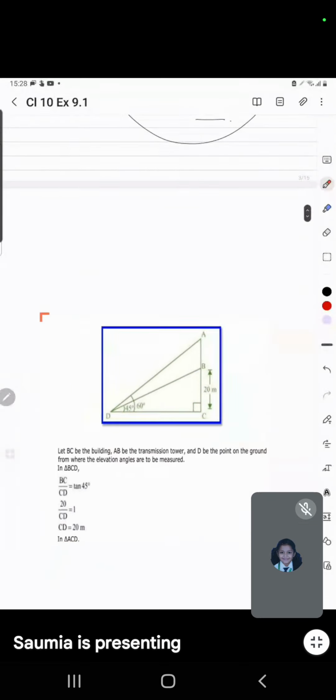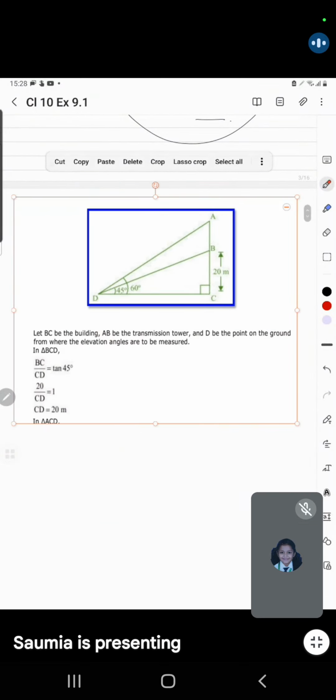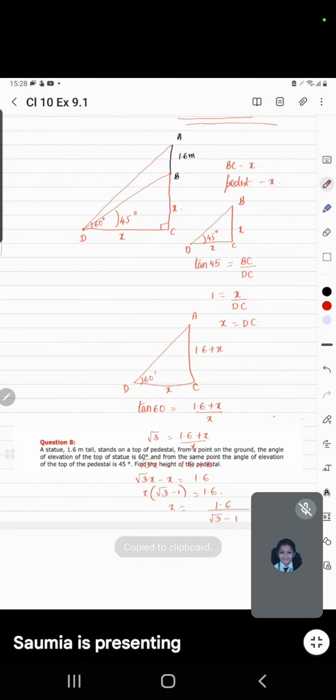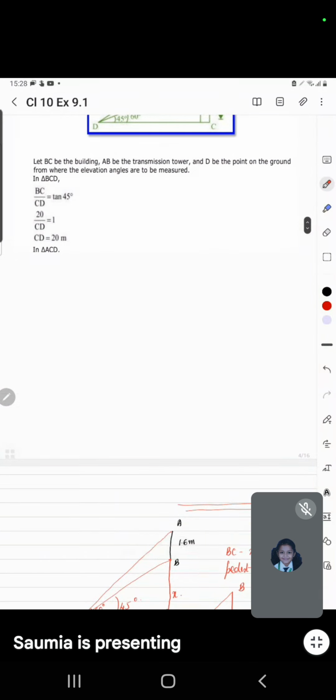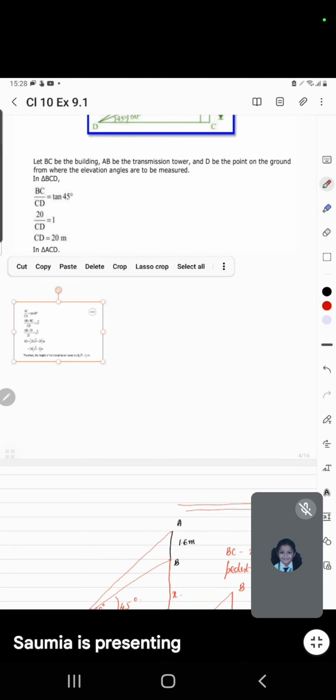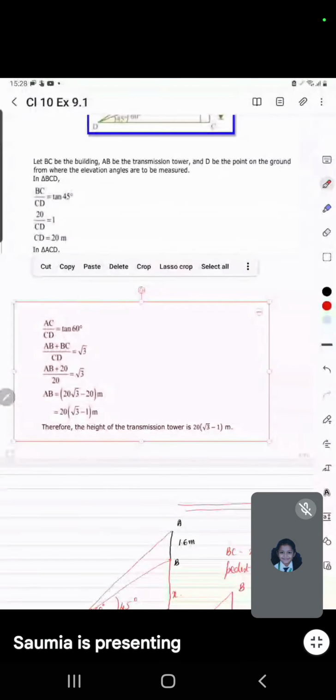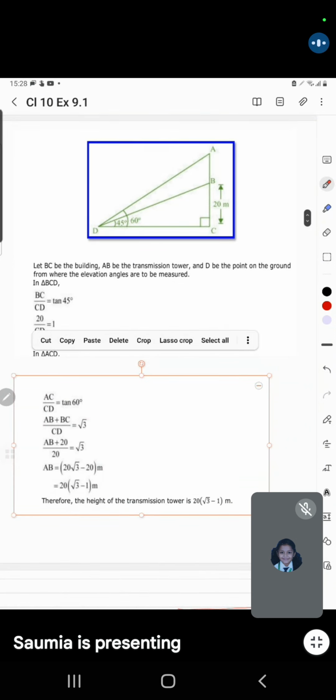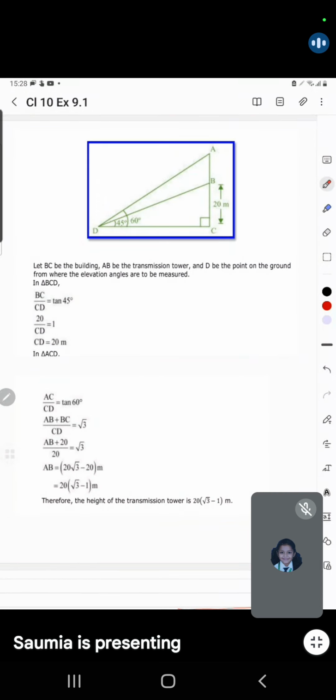Ma'am, I think we did it last class. I also felt so, that's why I asked. Because I have written it. Anyways, those who have not written, write it down. Jatin, you can do the next one on your own.